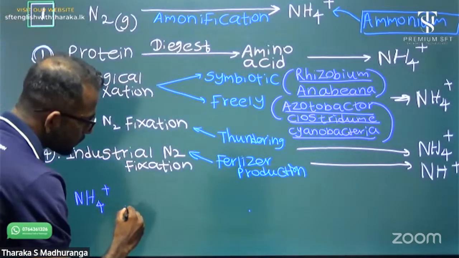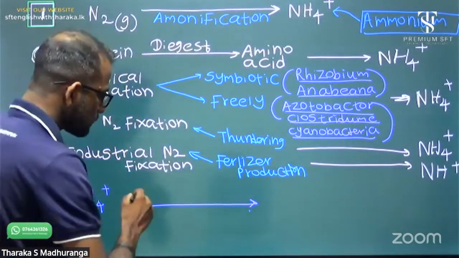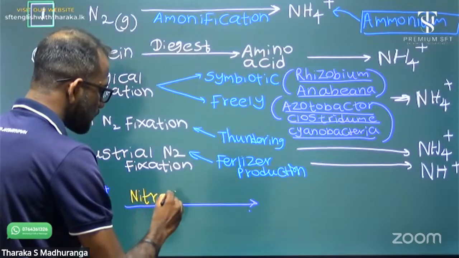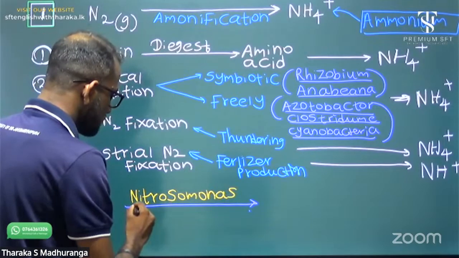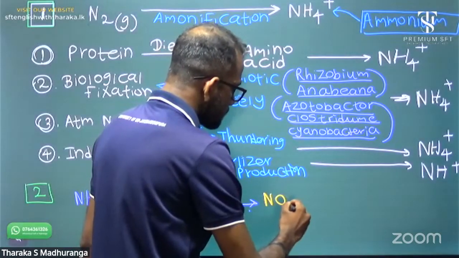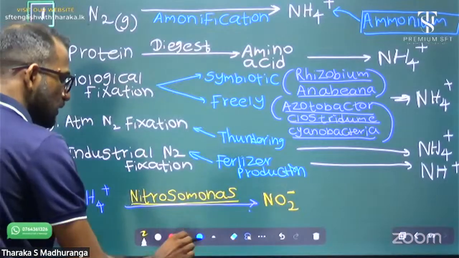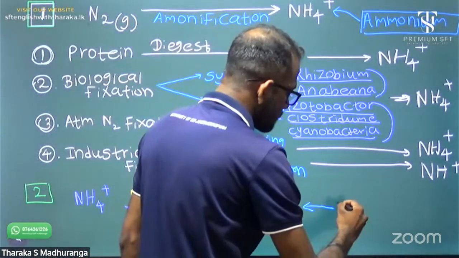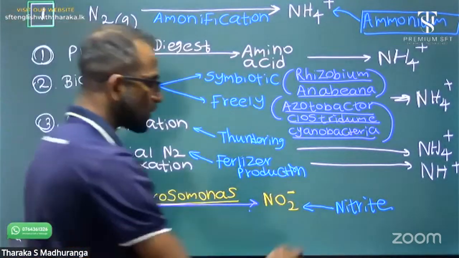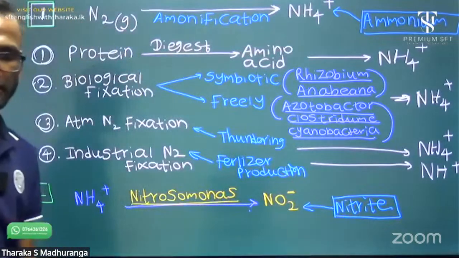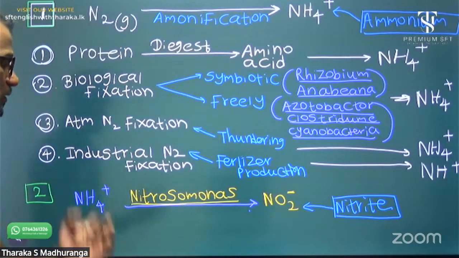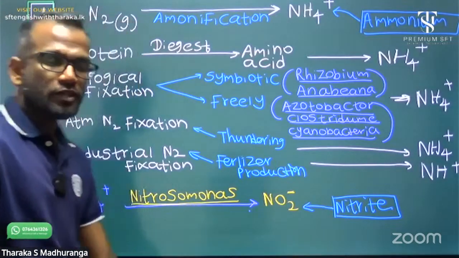These ammonium ions, using Nitrosomonas, a special bacteria, are directly converted into nitrite, NO2 minus. We call it the nitrite ion. Nitrosomonas, this name is very important. Still not water soluble.